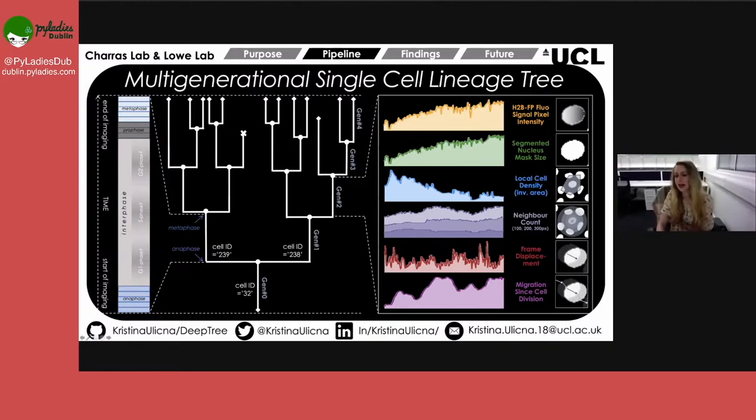We can look at the density of the cells, how much the nuclei grow, how many neighbors a cell has, and how much it moves over time. All of this information can then be used for what we call big data single cell analysis, to give us information about how cells behave in a population. So hopefully you found that interesting.